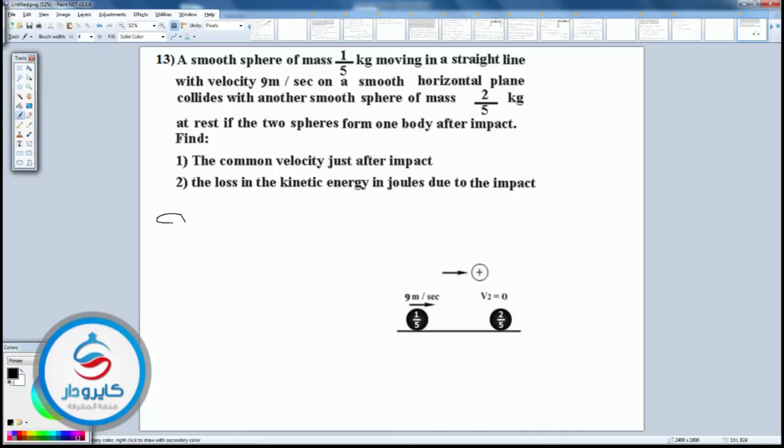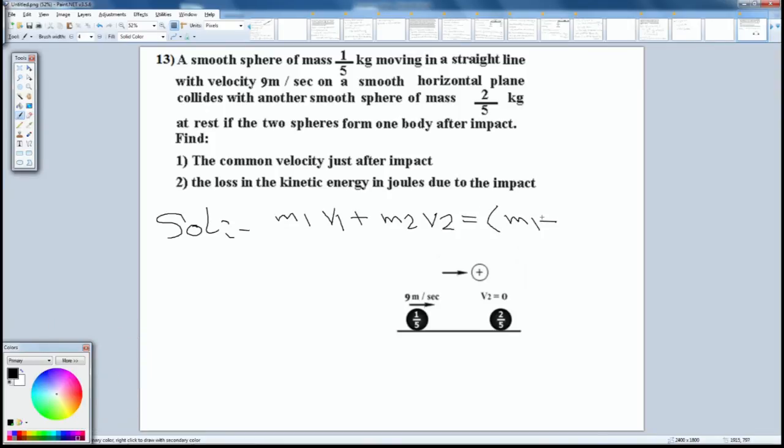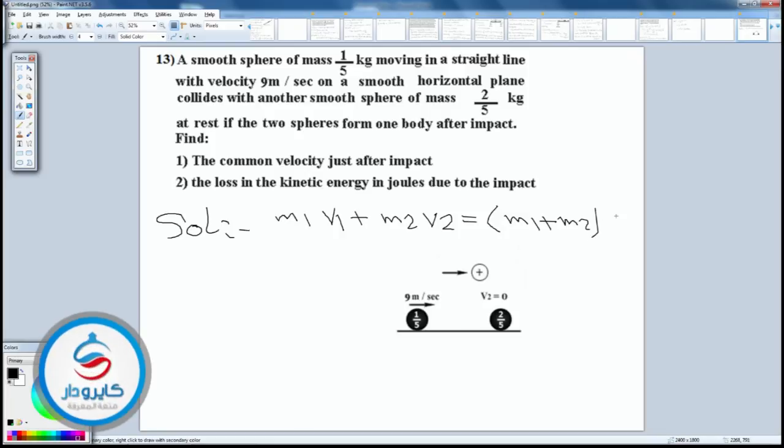Solution. From the figure, M1 V1 plus M2 V2 equals M1 plus M2 times V dash. M1 equals 1/5, V1 equals 9, M2 equals 2/5, V2 equals 0.